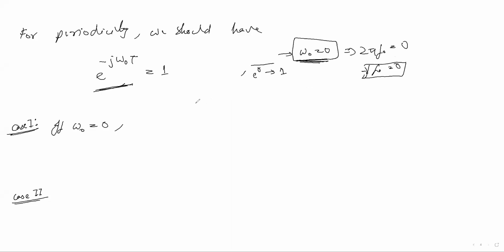If there is no frequency term, the signal will be a constant amplitude signal, which has a time period of infinity. T equals 1 by 0 means infinity. So x(t) is a periodic signal for any value of T.